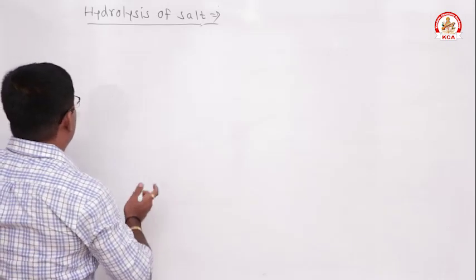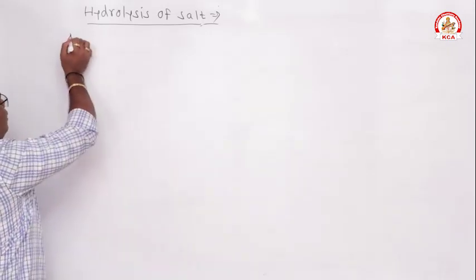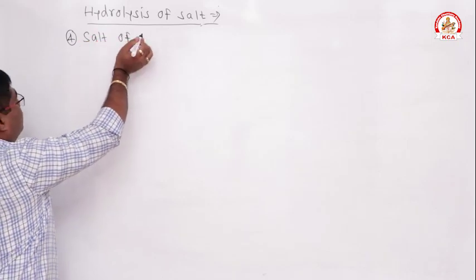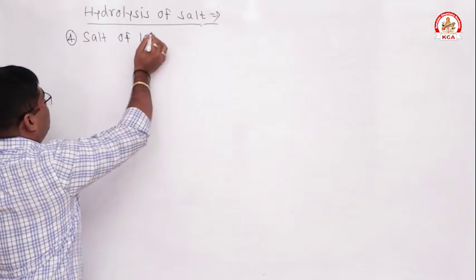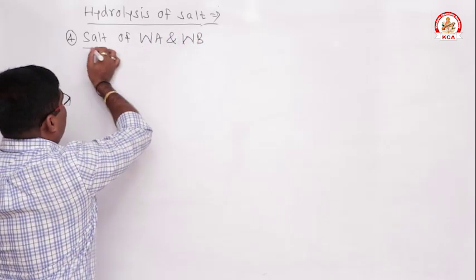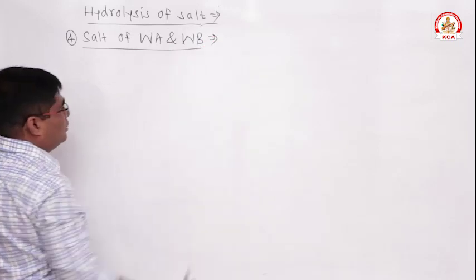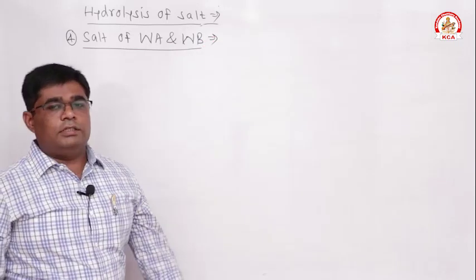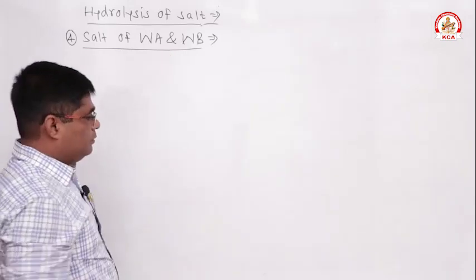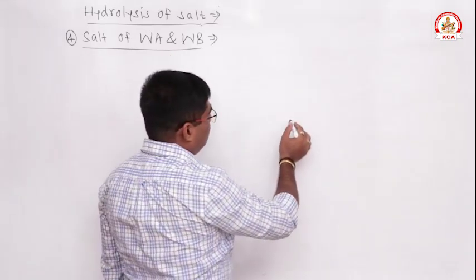So the fourth type of salt is the salt of weak acid and weak base. Now salt of weak acid and weak base, मी आत्ताच काय सांगितलं, what is its nature?